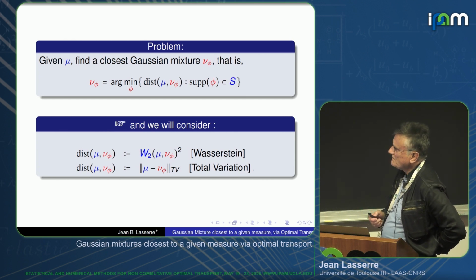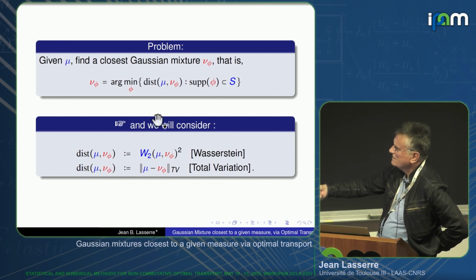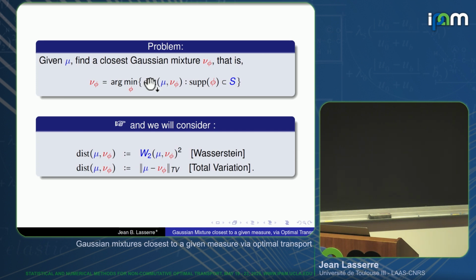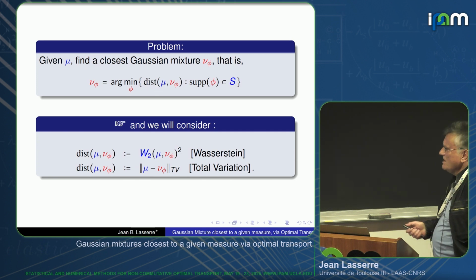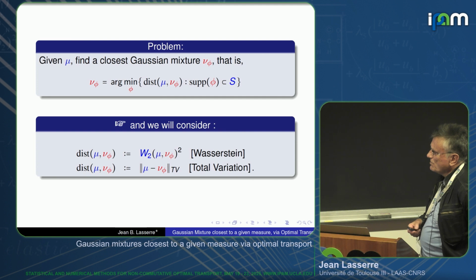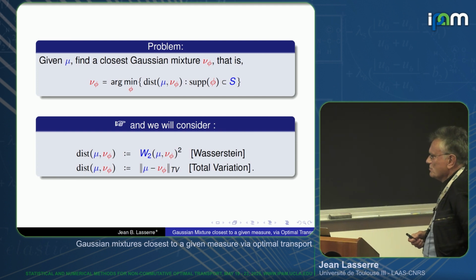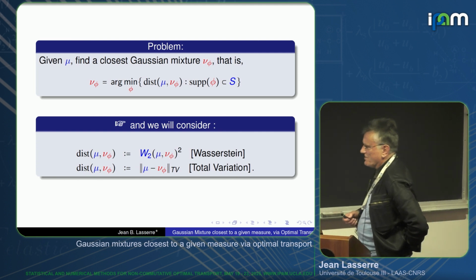So the goal is to compute this argmin of the distance, and for the distance there will be two of them. The first one will be the square of the Wasserstein distance W_2, and the other one will be the total variation.